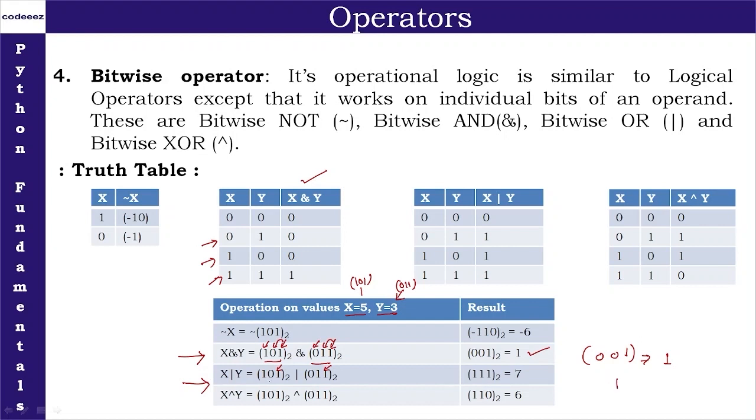Then the second values, 0 or 1, gives again 1. The third values, 1 or 0, again gives 1. So we get three ones, and the decimal equivalent will be 7. So here we get the result 7. This is how the bitwise AND and OR operators work.